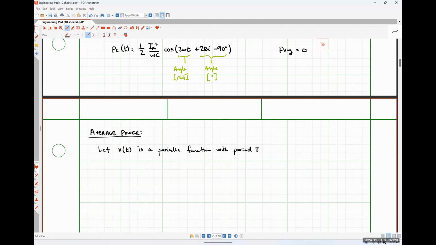It could be a non-sinusoidal function. It just matters that it is periodic, meaning that it repeats itself at regular intervals, and that regular interval is the period T. We all okay with that?